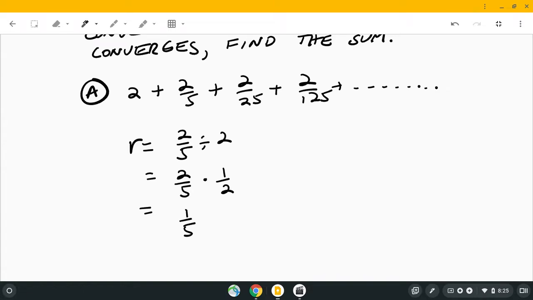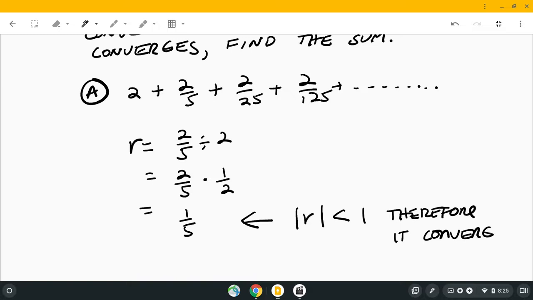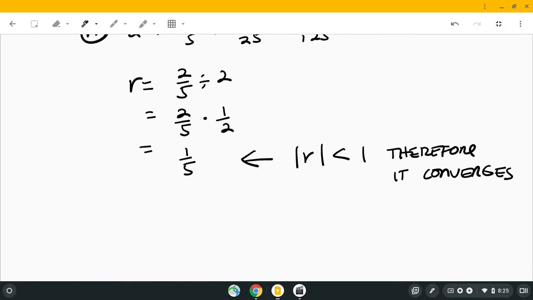Based on this, the absolute value of R is less than 1, therefore it converges. And because it converges, we are able to find the sum.